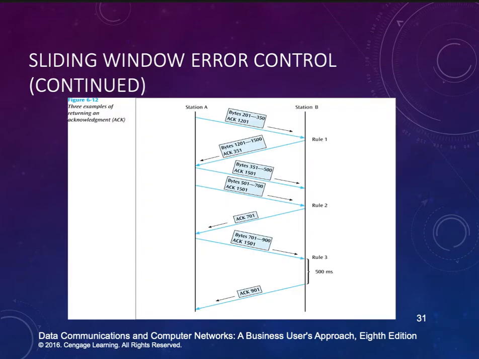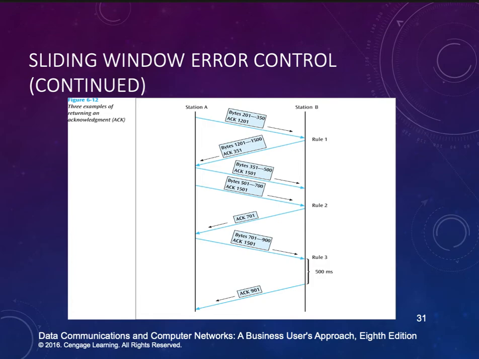Let's take a look at the diagram. Here we have station A and B. First one is rule 1, where the packet is acknowledged at 351. There's a piggyback, basically using another data to send back.